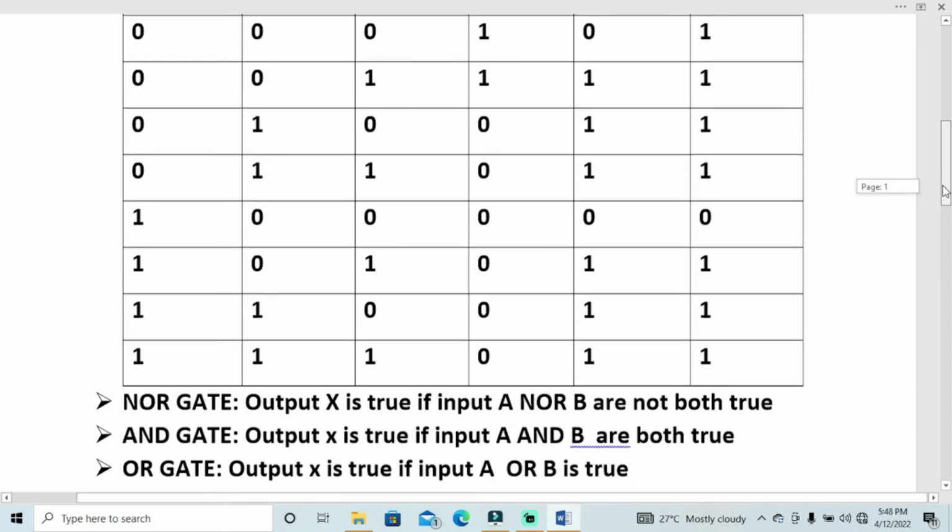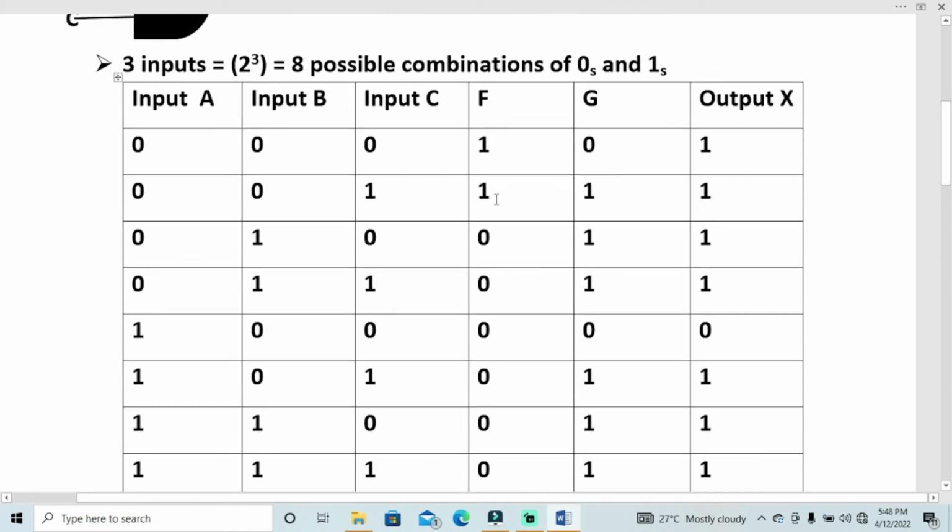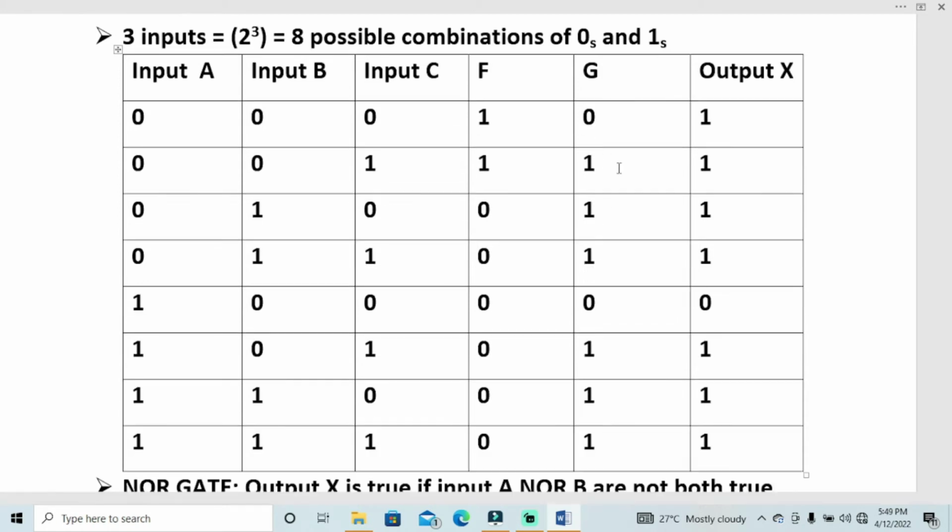So in this situation, A and B will be B and C, since they are our two inputs. Here they are both false, so we'll have G as false. Sorry, there was a mistake here in the typing.